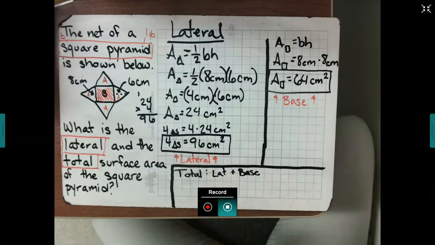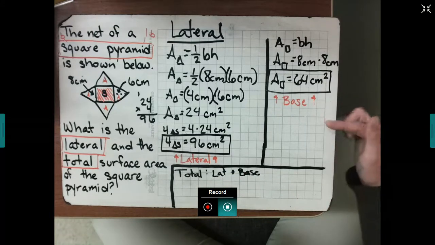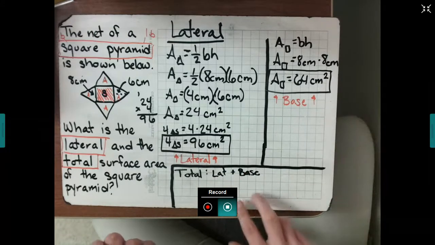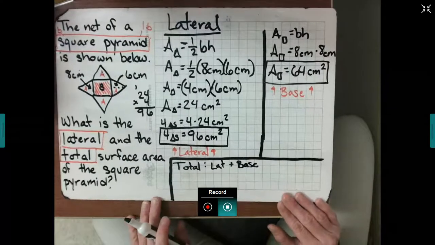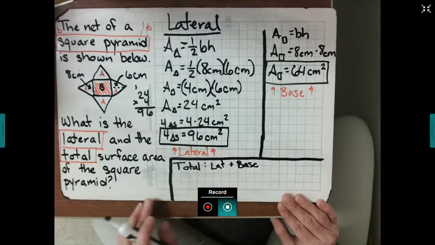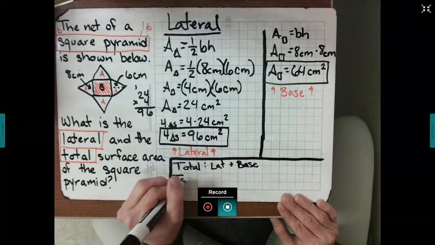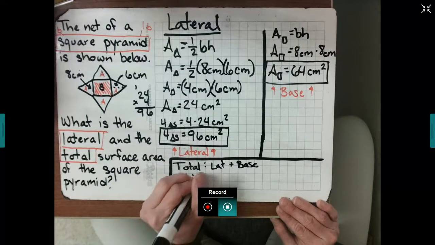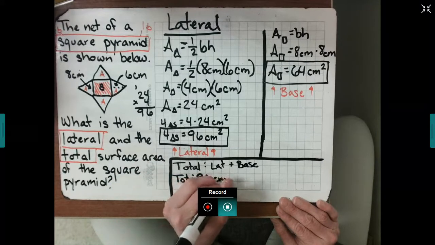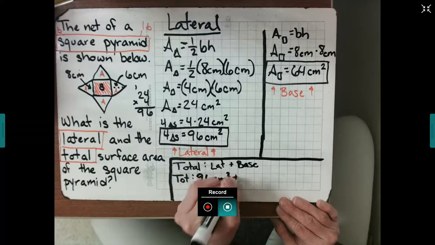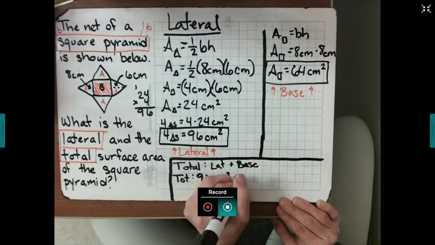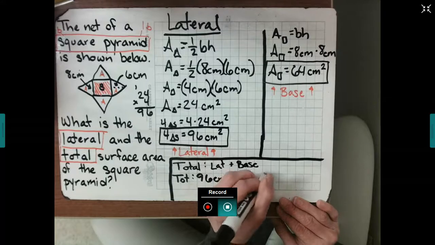If we had a prism, there'd be 2 bases, right? So we would have to multiply this by 2 and then combine them. But this is just a pyramid, so we only have 1 base. So now I'm going to plug in my total. The lateral is 96 centimeters squared. My base is 64 centimeters squared.